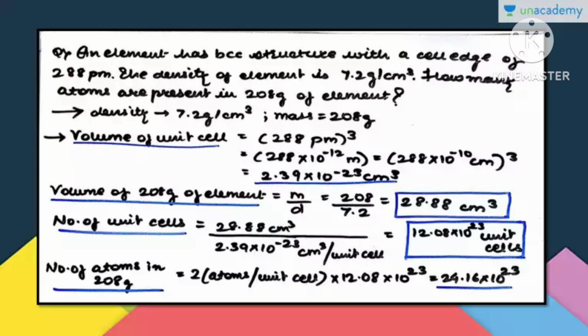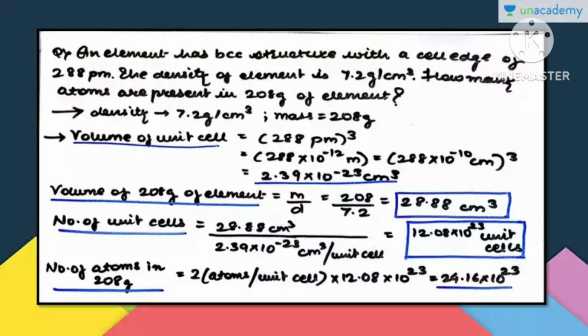Last class I derived the relation: density is equal to Z into M divided by a³ into N, the Avogadro number.